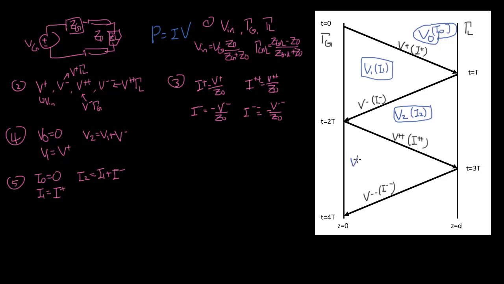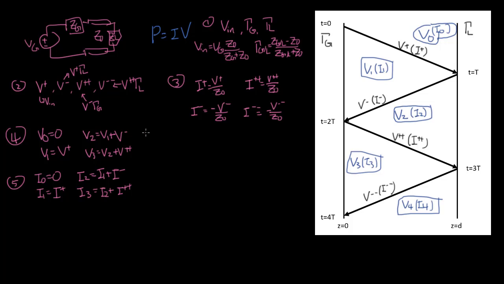Next up we have V3, I3, and V4 with a corresponding I4. We go back and look. You get V3 by crossing over to this value, so V3 is equal to V2 plus V plus plus. Similarly, I3 is equal to I2 plus I plus plus.